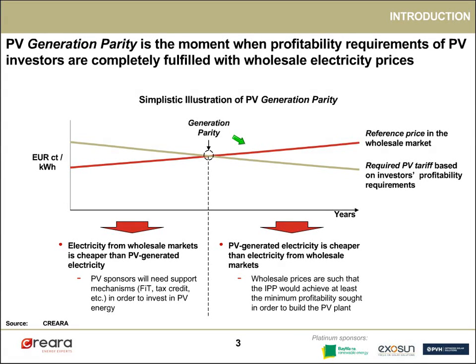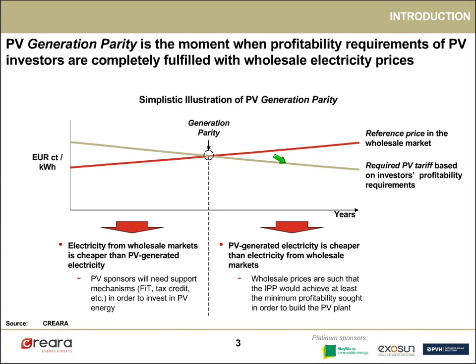You can see here that on the left side of generation parity, the electricity from wholesale markets is cheaper than PV generated electricity, so the PV investor actually needs some further incentive to invest in this type of installation. This could be a feed-in tariff, a tax credit, or similar. While on the right side of this point of generation parity, the PV generated electricity is actually cheaper.